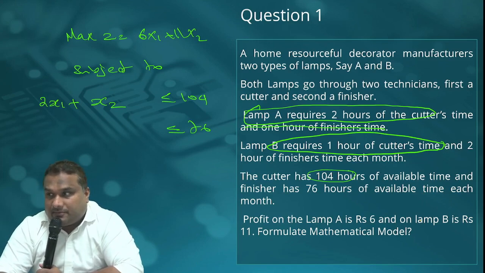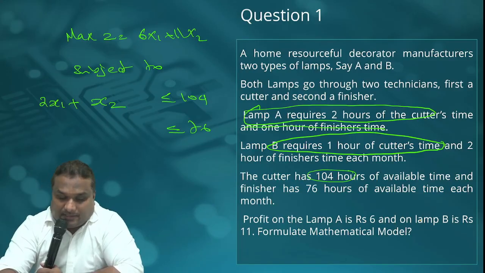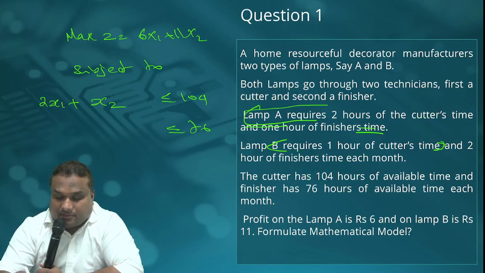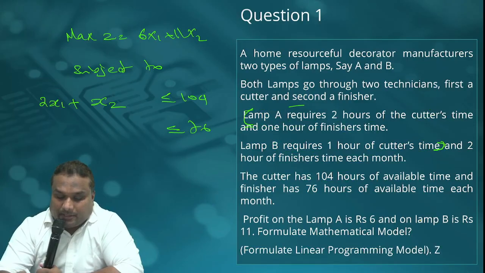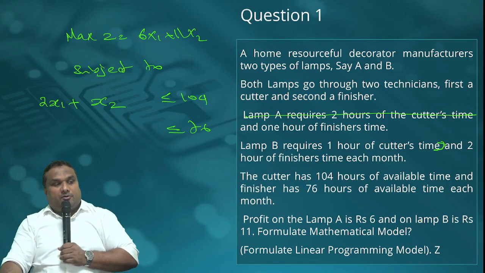Now the next constraint: we have only 76 hours of available time of finisher. Now let us discuss how the finisher's time is going. Read the dialogue: Lambier requires 2 hours of cutter's time. Are we speaking about cutter now?